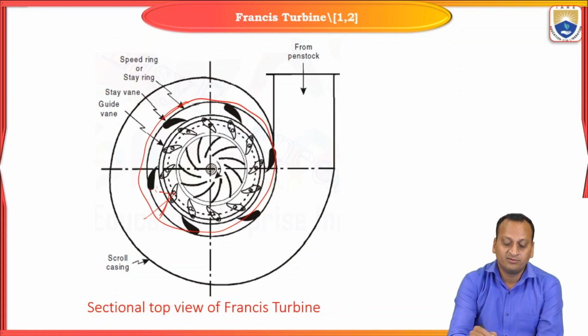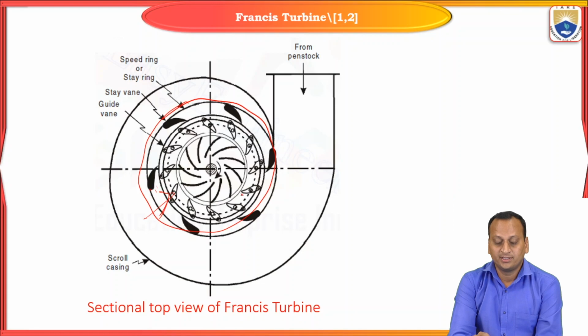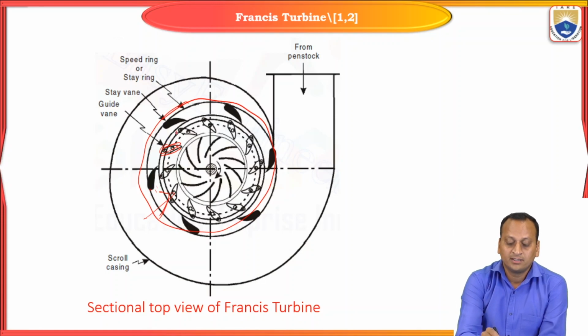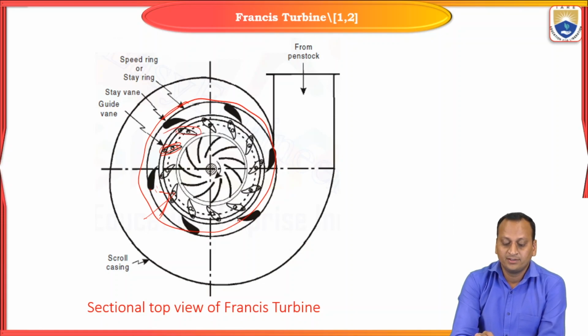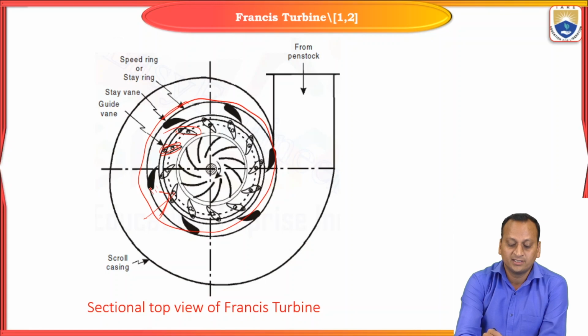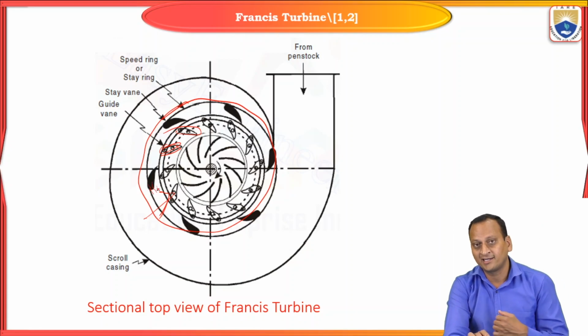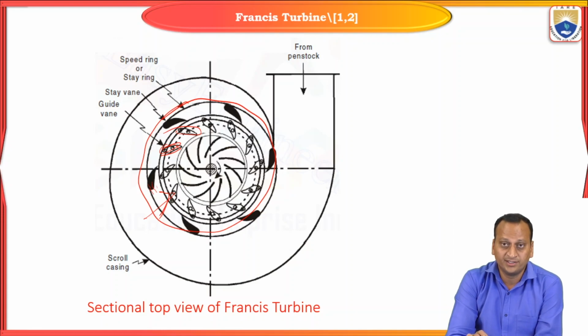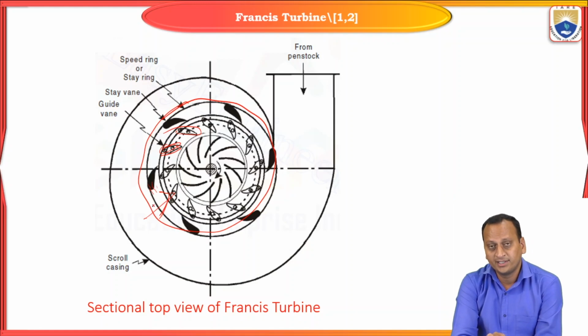The mechanism is connected to a governing mechanism, so that the angle between these two blades will be controlled. The stay vanes can be fixed at a particular angle in such a way that the maximum amount of liquid is allowed, and the angle can be varied whenever it is required, manually or automatically.